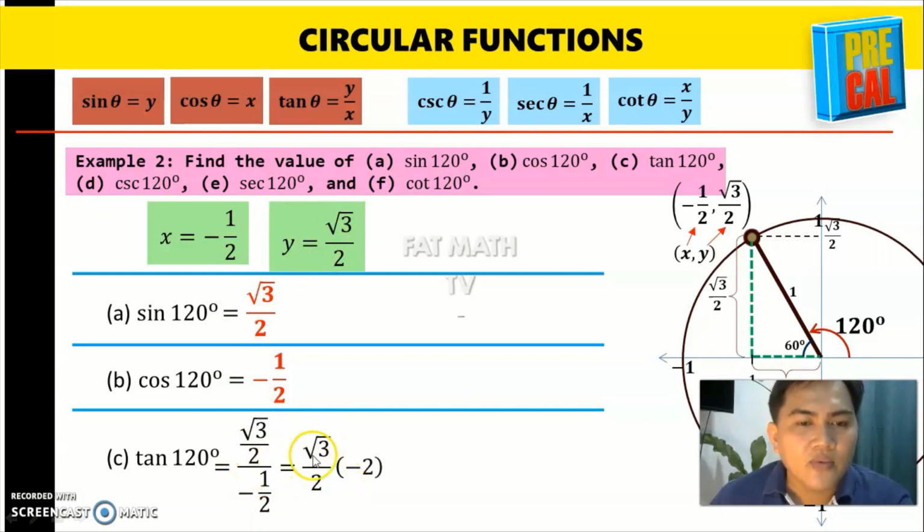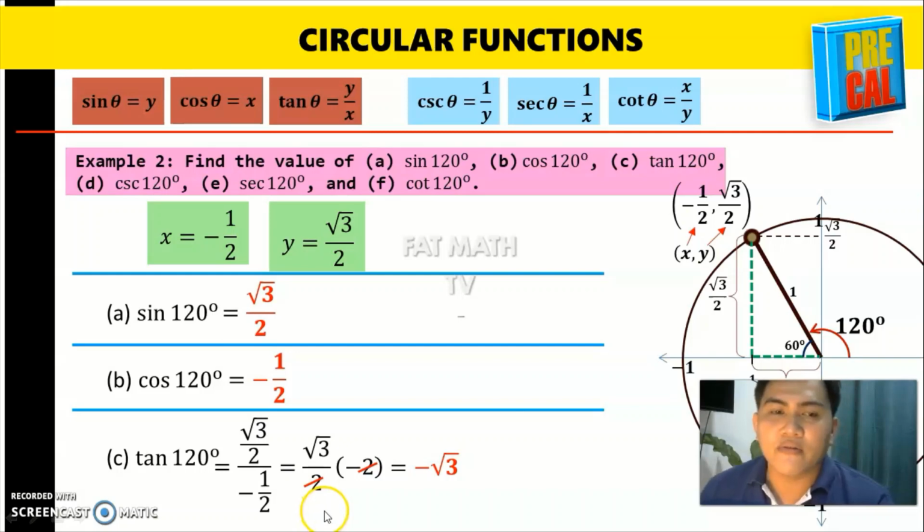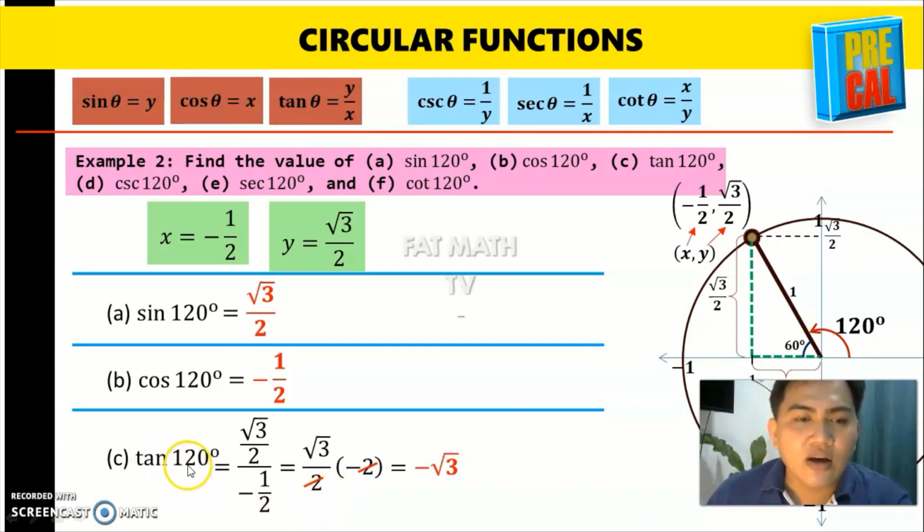And then we can have this as square root of 3 over 2 times the reciprocal of negative 1/2, that's negative 2. So we can cancel this, 2 and 2, and we will be left with negative square root of 3. So the tangent of 120 degrees is negative square root of 3.